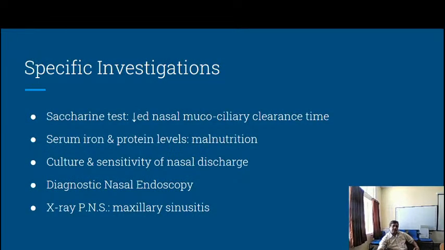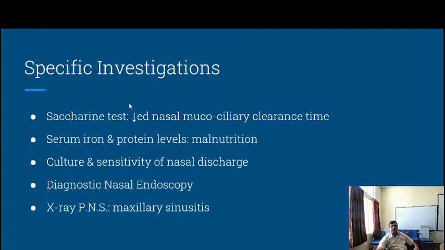Then there are certain investigations which will help us to find out the functions of the nasal cavity. That is the saccharin test, where you dissolve saccharin in water and place it on the anterior end of the inferior turbinate or on the floor of the nasal cavity.